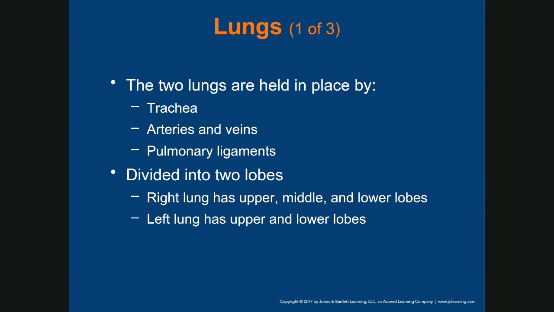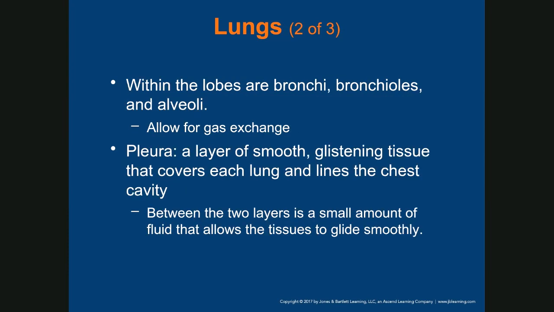And remember the membrane around the lung tissue. And there's an inner portion and an outer portion, right? Visceral pleura and parietal pleura. Within the lobes are bronchi, and then the bronchi branch into bronchioles, and then we have the alveoli, which are the air sacs, right?